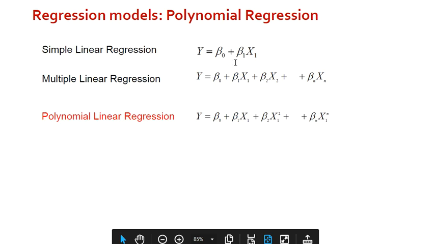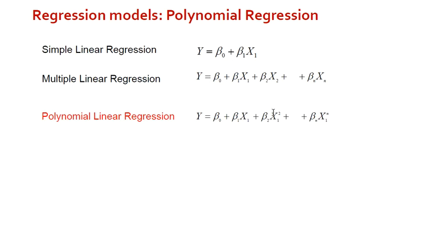Okay, we have learned about simple linear regression. We have learned about multiple linear regression. Now let's talk about polynomial linear regression. Ingatkan tadi saya kata beza dalam polynomial linear regression is that dia ada degree macam ni.